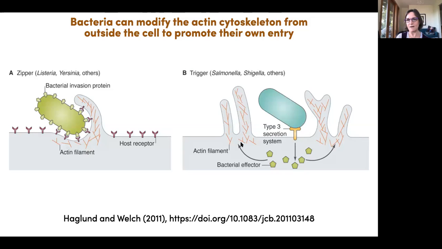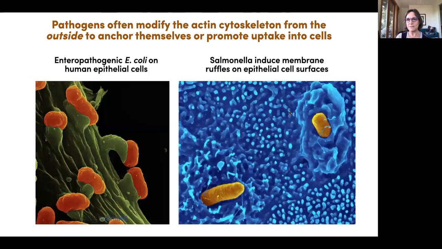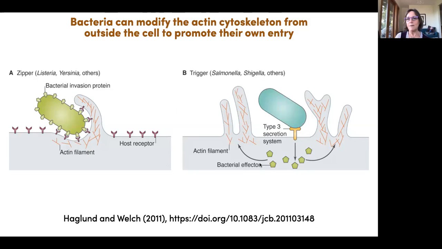So this is kind of a cartoon of what I just showed you in this image, where Salmonella is actually injecting effectors or signals into the eukaryotic cell through what's called the type 3 secretion system, and that triggers the polymerization of actin into these ruffles that eventually will eat the bacterium and help it get into the cell, not destroy it.